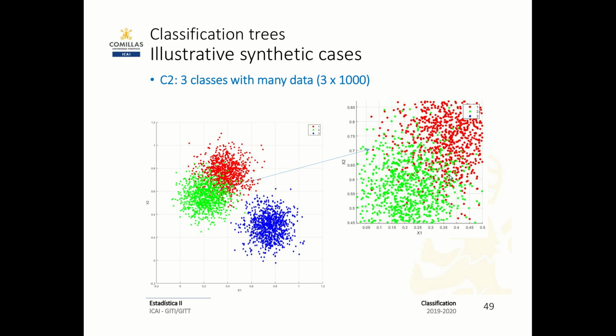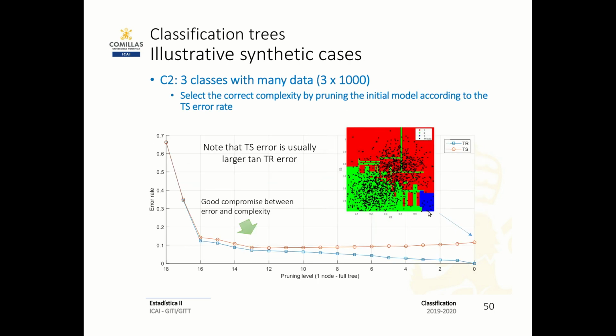So we have green points in this area where most of them are red, and the same here: we have red points in this area where most of them are green. This is the partition if we do overfitting, and then we see all these funny shapes, and if we don't do any useful model, our classification error is around 65%.